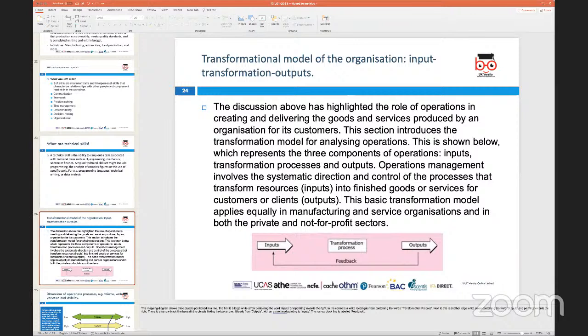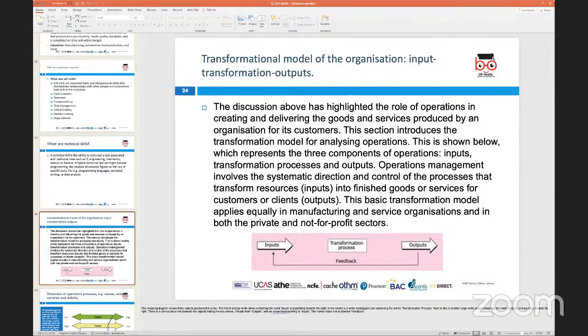Now, when we talk about this from the concept of operations management, this systematic direction and control of processes that transforms input to outputs, which is basically finished goods or services for customers, is nothing but the transformation model that we look at.